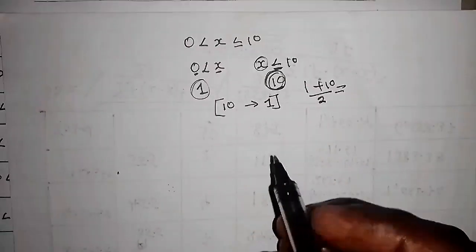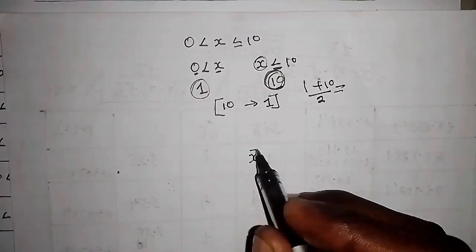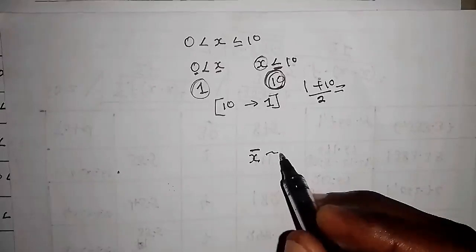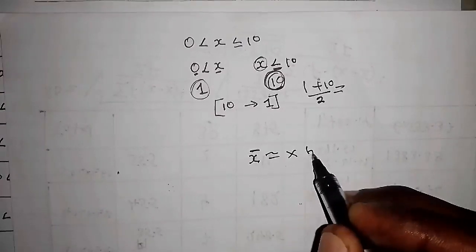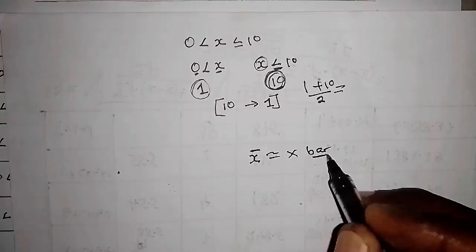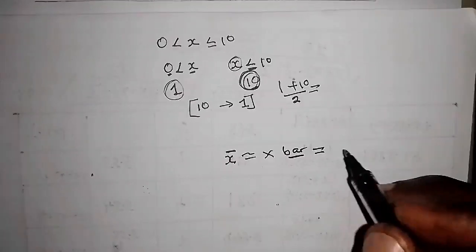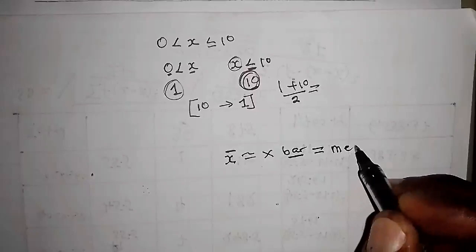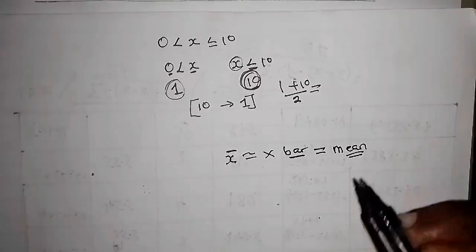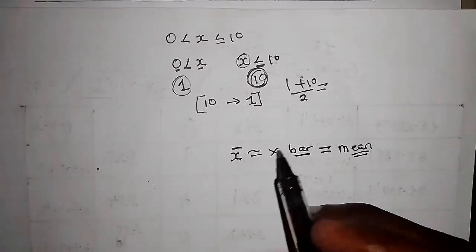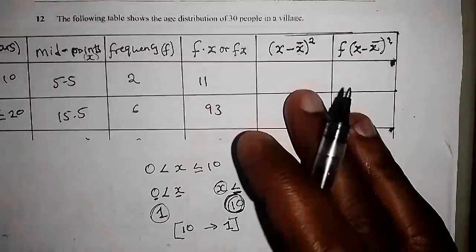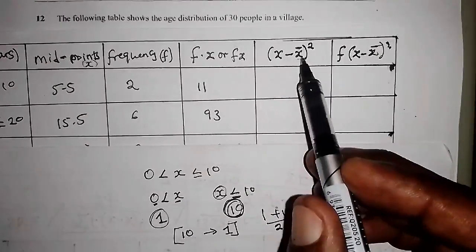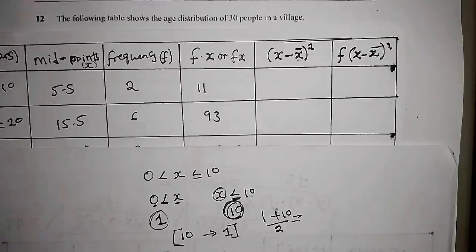When you write something like x bar, it is read as x bar. This means that it is the mean. So we need to find the mean, the number that you are going to put here.